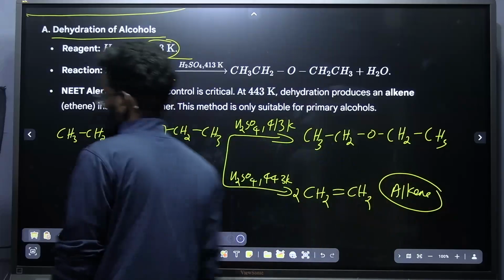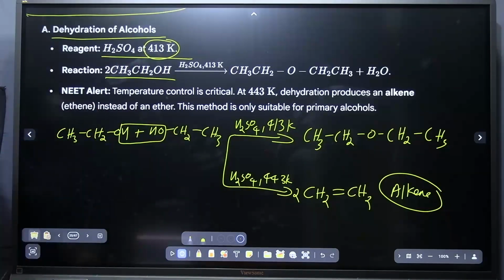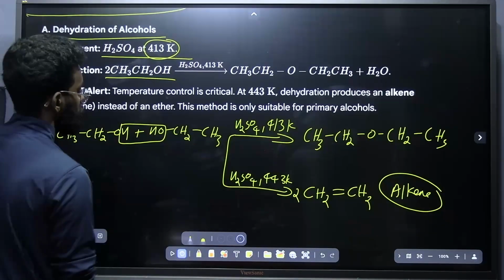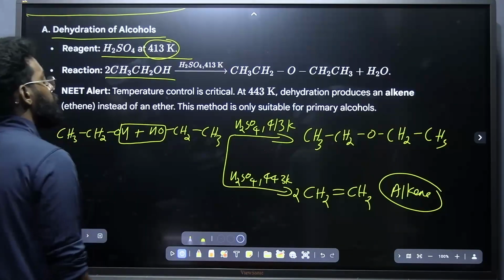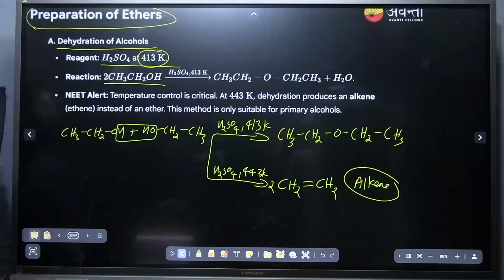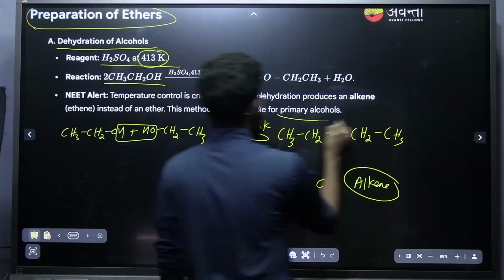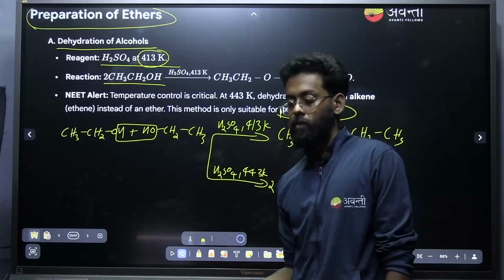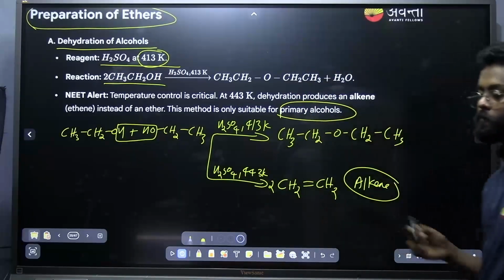It's a temperature dependent reaction. If the temperature is 413 Kelvin, then we get ether. If it is above that, like 443, we get alkene. Got it, everyone? Temperature control is very critical here. And this method of preparation is suitable only for primary alcohol. So whenever you are doing this reaction, choose primary alcohol, then only we will get ether.